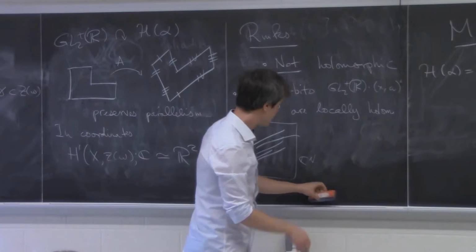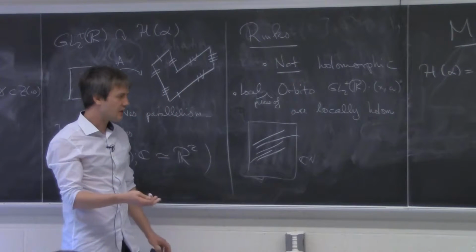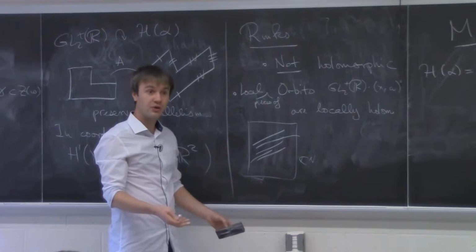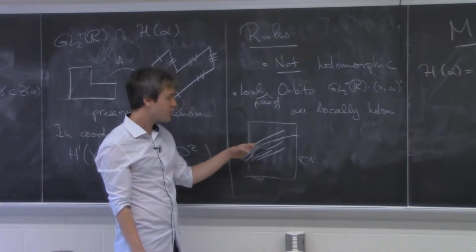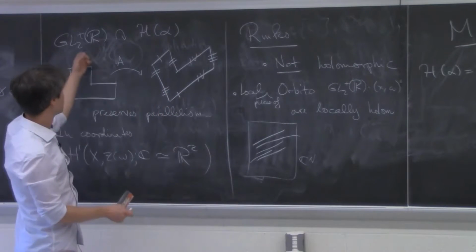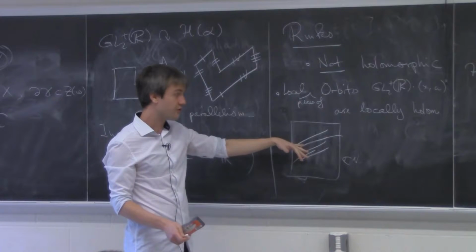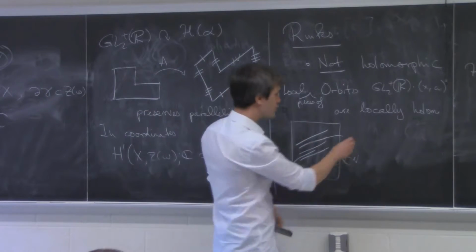So for a single orbit, I don't know of a genuine description in terms of purely algebraic geometry. You have some vector fields from the Lie algebra of GL2R, and I don't think there's an algebraic description of those vector fields, except for two simple cases.